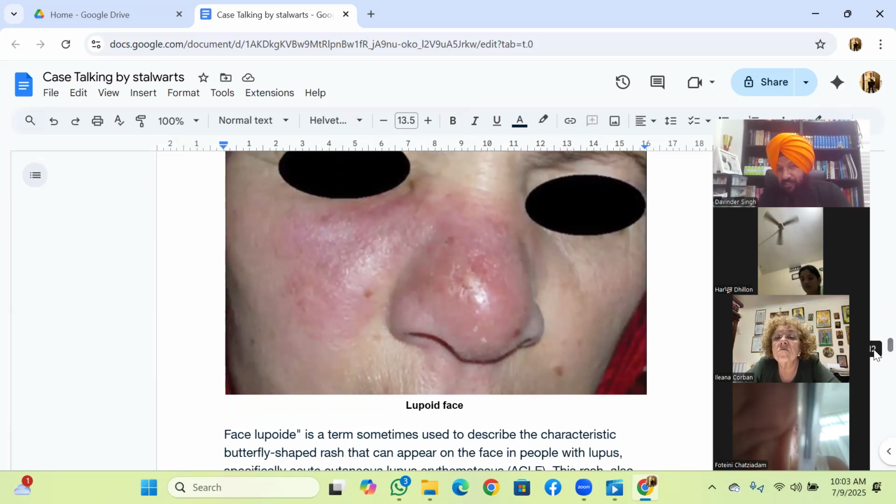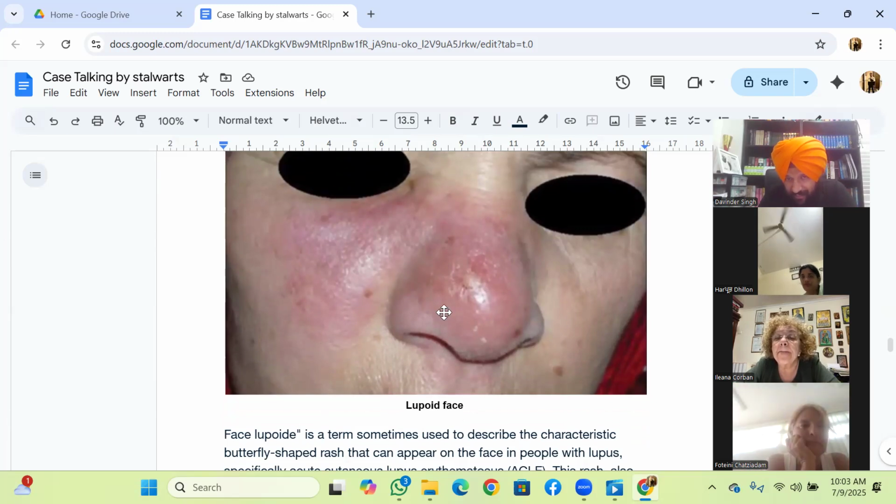And this is the lupoid phase. Look at this. This is the same quality, butterfly-like redness you can see on both sides. And do you guys remember any medicine having this type of redness on the face? Anyone?